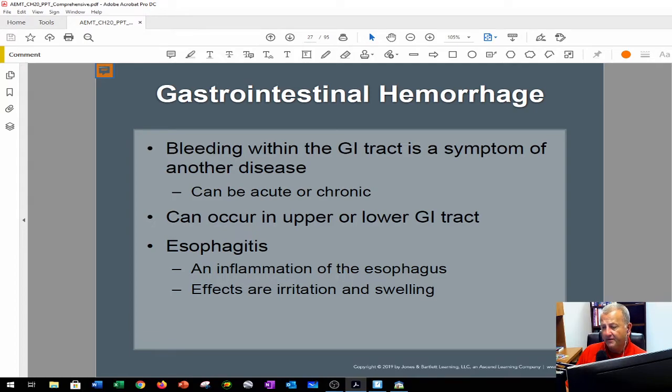What happens is that acid is coming back up into the esophagus, and that's causing that esophagus to ulcerate and become very painful and can cause bleeding. And then we have some other causes. It can be radiation treatment or chemotherapy. Some of those processes weaken those areas.